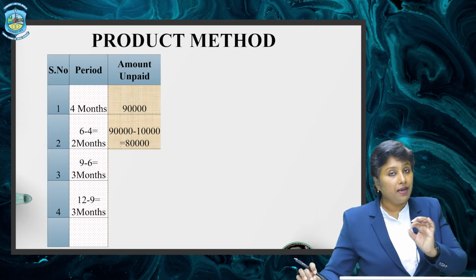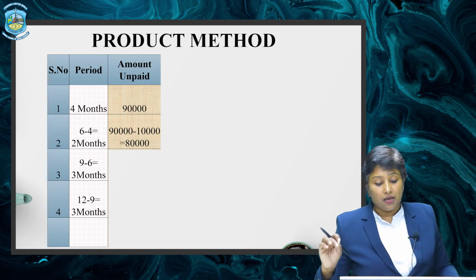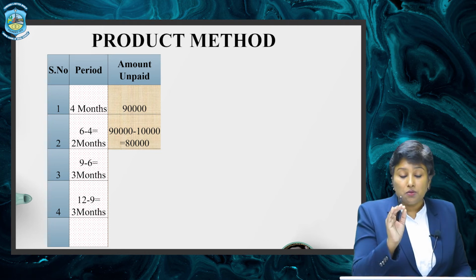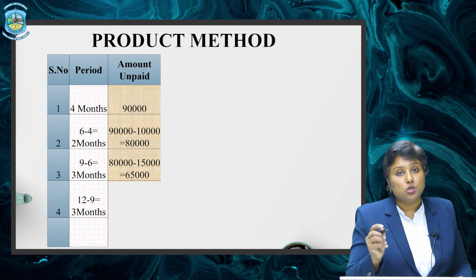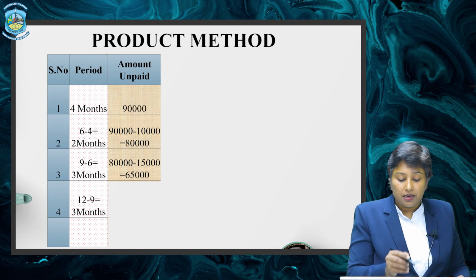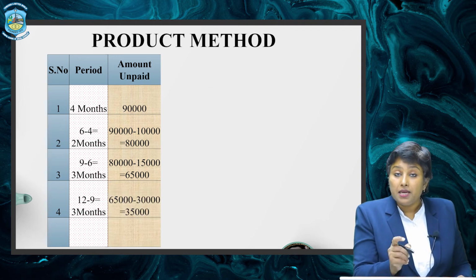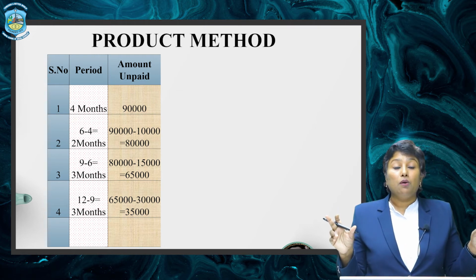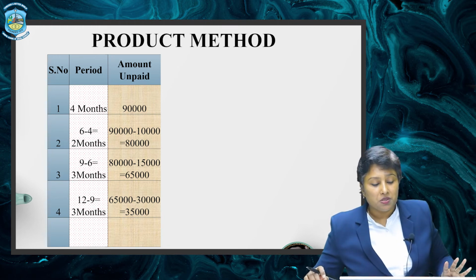Okay, 90,000 minus first installment 10,000 gives you outstanding amount 80,000, and similarly for the next installment also you need to calculate the outstanding amount. So out of the previous balance 80,000, deduct the next installment 15,000 to get the outstanding amount 65,000. Similarly for the last installment also, the previous balance, that is 65,000, minus the next installment, that is 30,000, you get the amount of the last installment. Okay, you have reached the last installment, 5 installments were made.